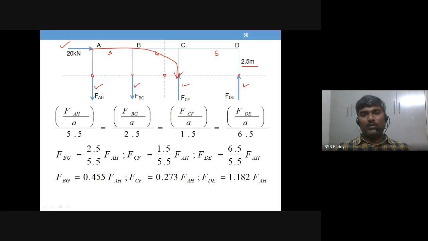Okay, right? The resisting moments should be what? Anti-clockwise. So to have anti-clockwise, the left columns should have downward force, right columns should have upward force.